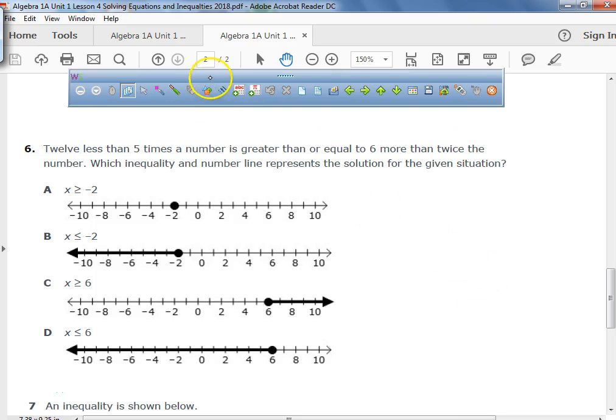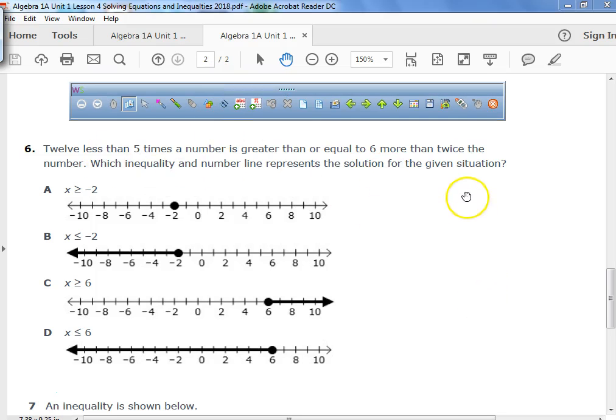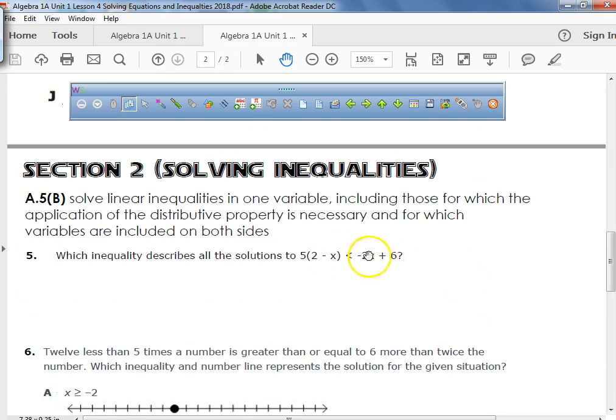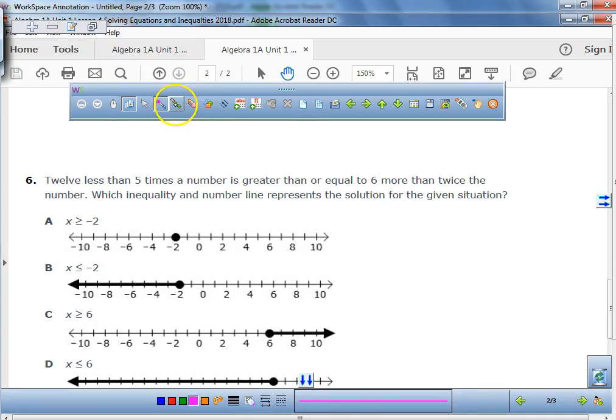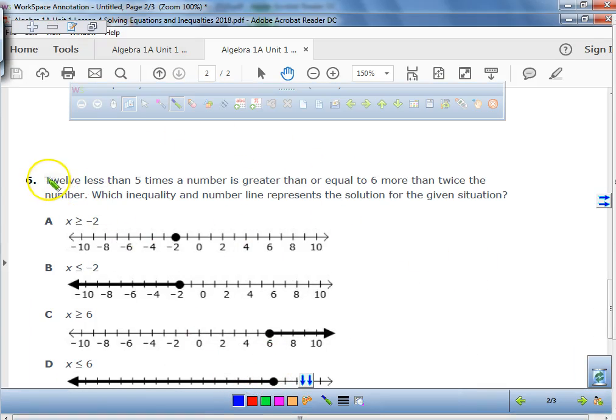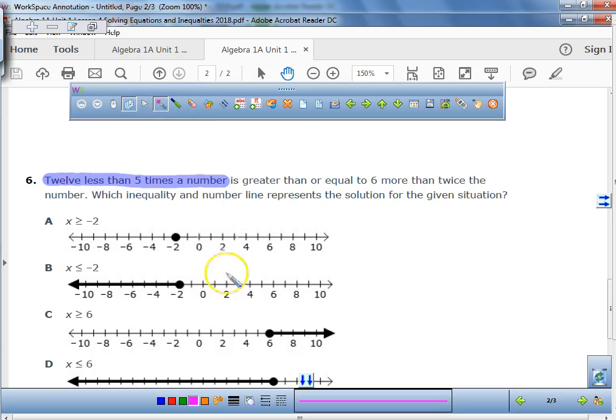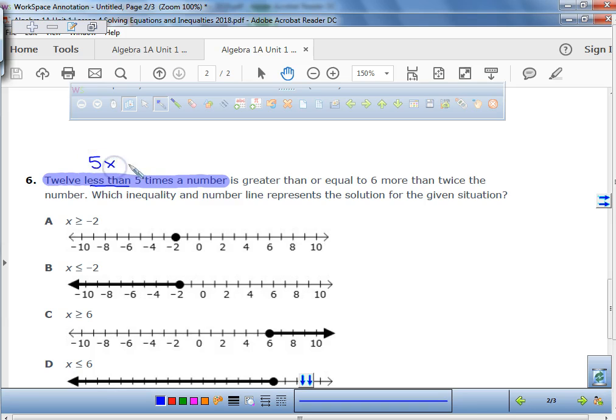One of the hardest things to do sometimes is take words and translate them into an inequality that looks like this right here. So we're going to do number 6 together. All right? I'm going to highlight different things. In blue, I'm going to highlight this: 12 less than 5 times a number. Now that is a sentence. And the one thing that students always get confused with is the whole "less than." 12 less than 5 times a number, you would write 5x minus 12, because you have to take away the 12 from 5 times the number.